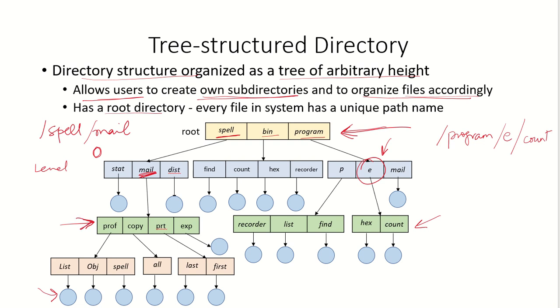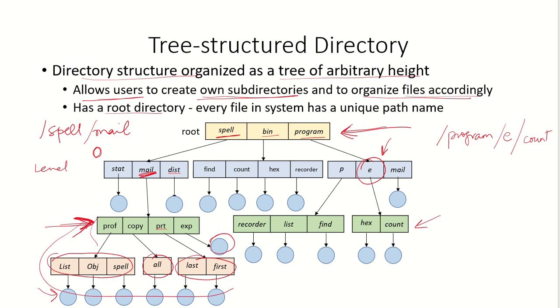So if we look at this particular subdirectory, we see that it has this subdirectory, it has this subdirectory and this particular file. So all of these will have to be deleted first before this subdirectory can be deleted from here.